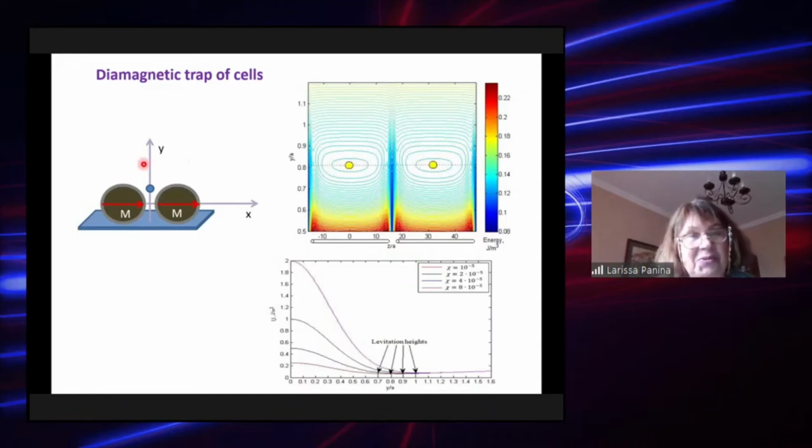So we cannot trap far away from the wire systems. But it is similar with these arrays of magnets, because of course this is a dipole field and it drops quite rapidly when you go away from the poles.